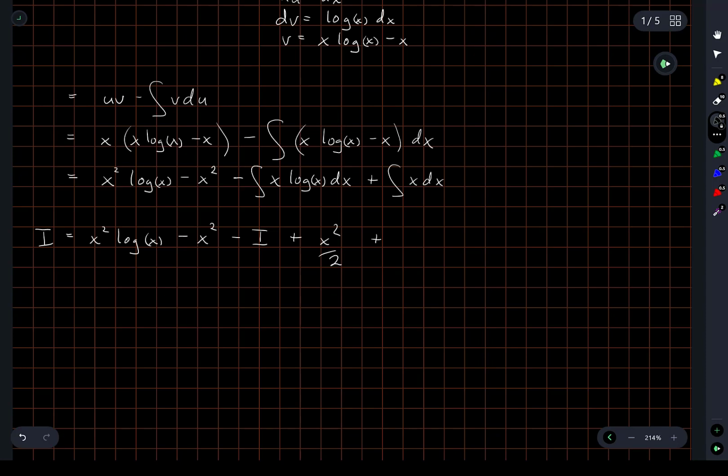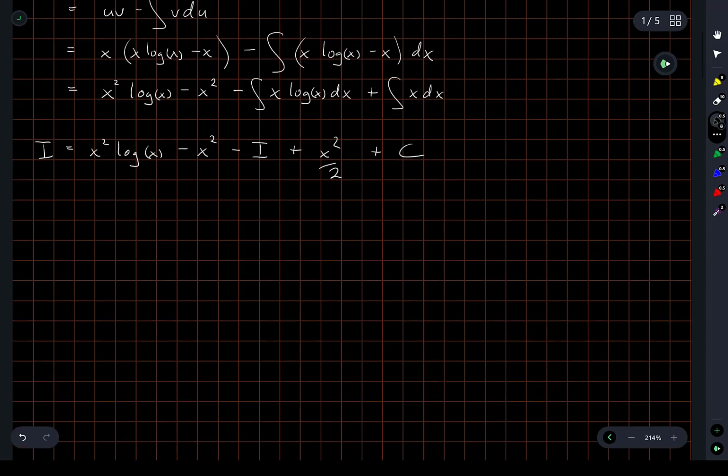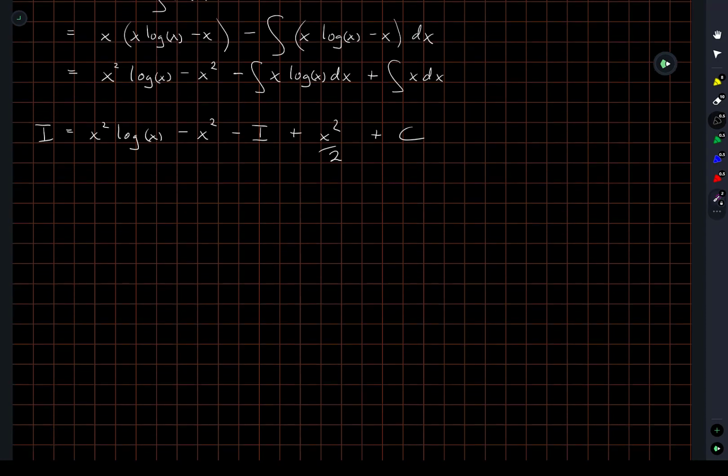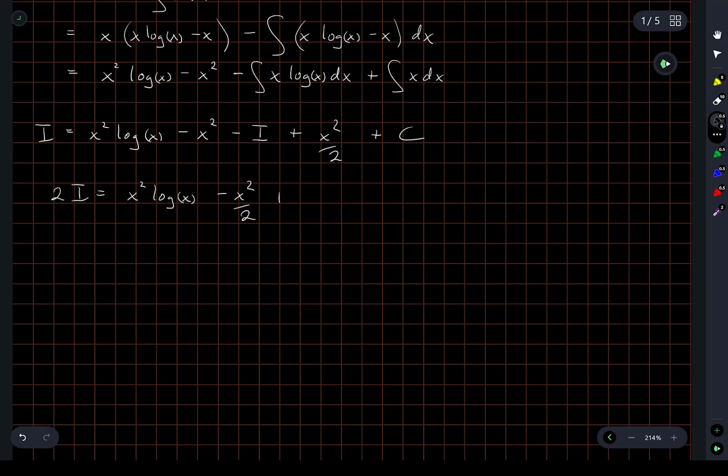Let's put our constant of integration in here now. And what I'll do is bring this appearance of I to the other side of the equation. So I now have 2I is equal to x squared log x minus x squared over 2 plus c. So I've combined two of these terms here.